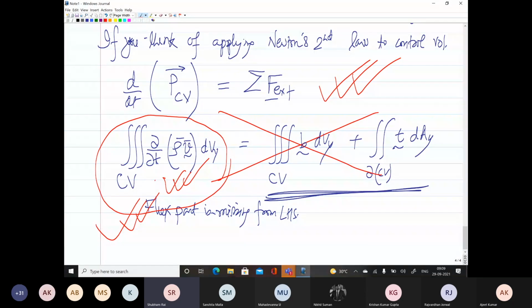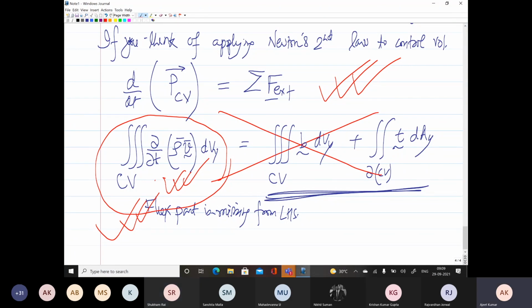From there also we can draw an inference. What inference do you want to draw from there? This one only, sir, like we have discussed now.